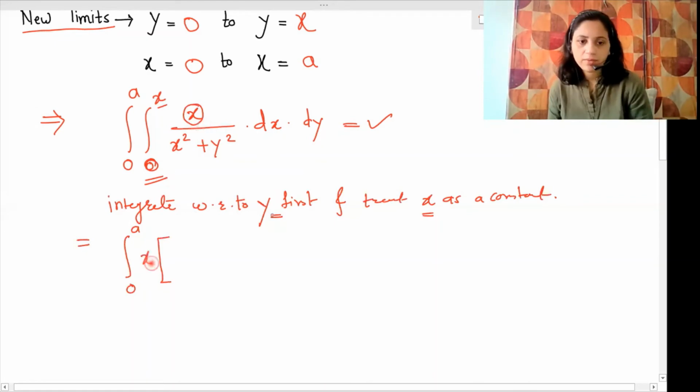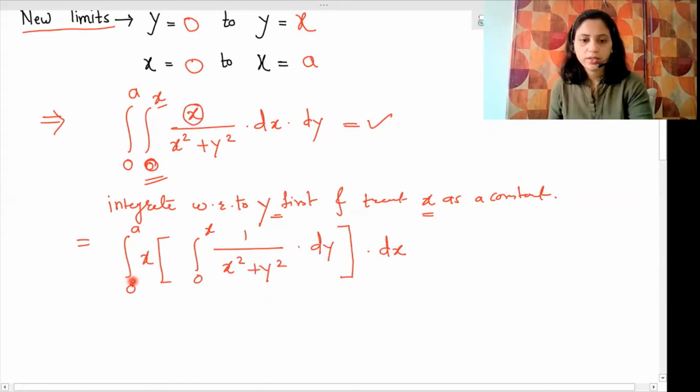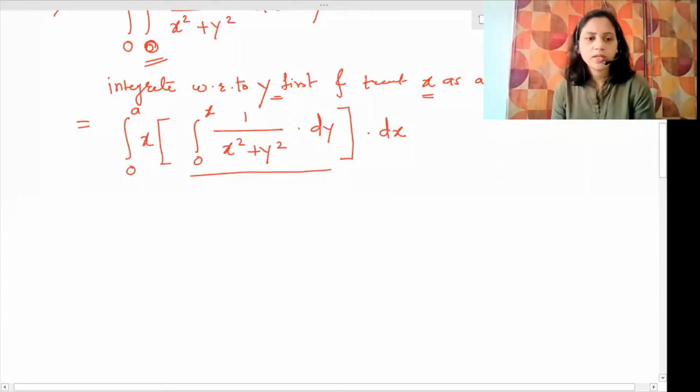So I have taken that here, and 0 to x of 1 upon x square plus y square, with respect to y we are going to integrate. So dy in the bracket and dx outside the bracket. Next step, integration from 0 to a, x as it is.